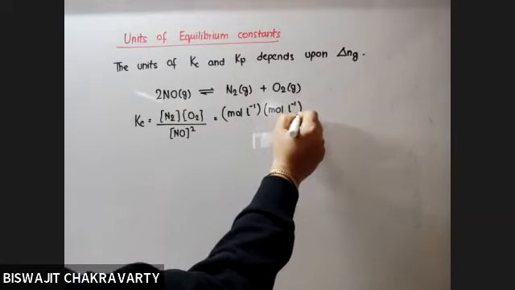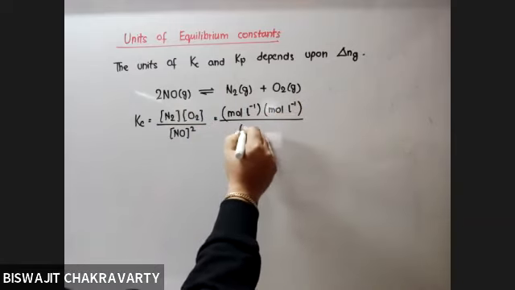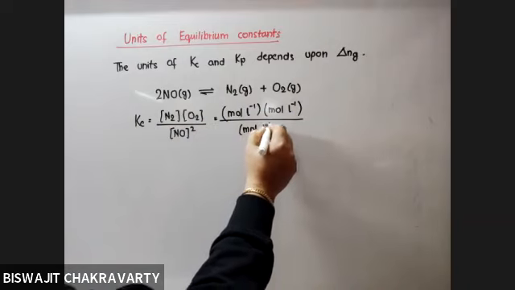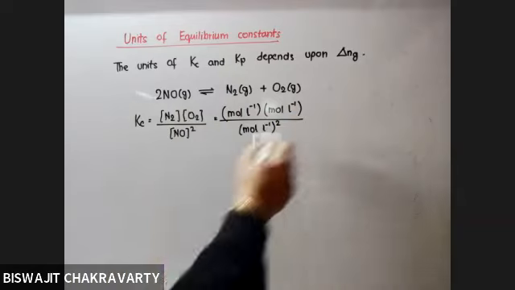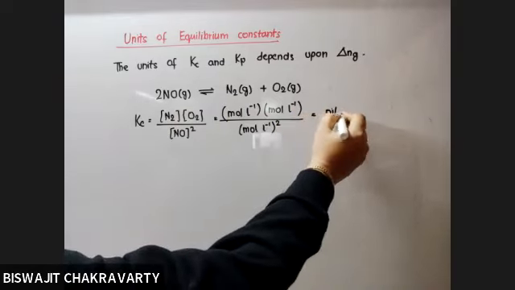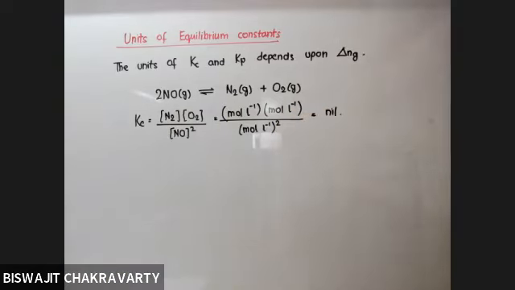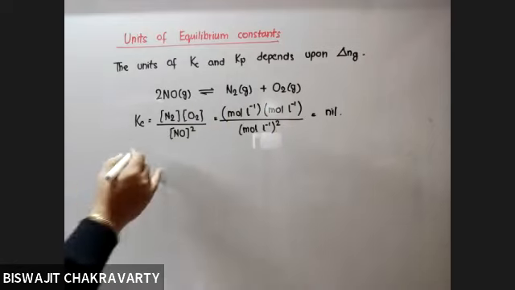Moles per liter in the numerator, and moles per liter square in the denominator. So ultimately you will see that there is no unit of Kc, nor is there any unit of Kp.